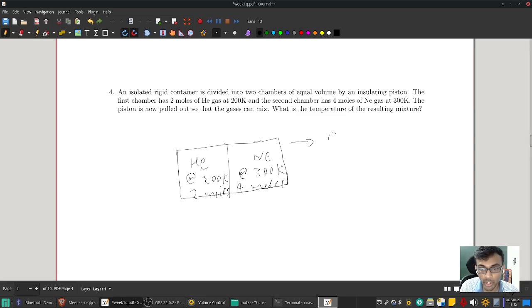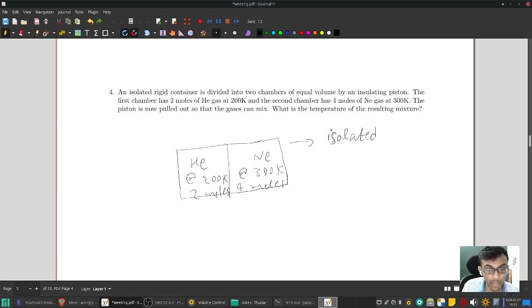So first of all, this is an isolated container, so it does not exchange any heat with the surroundings. Of course, these two gases can mix and exchange heat with one another when the partition is removed.